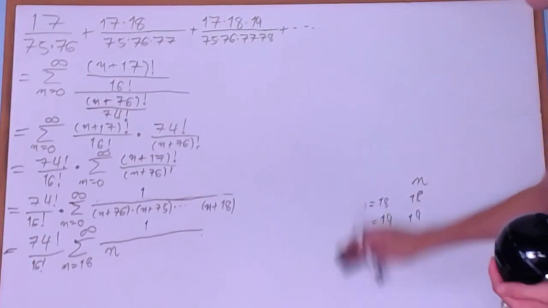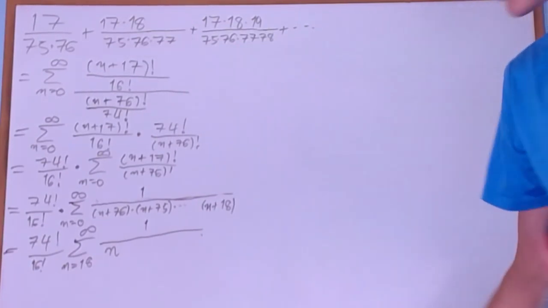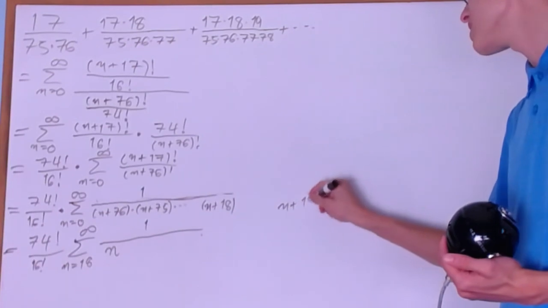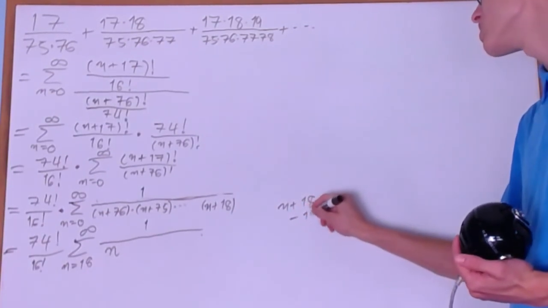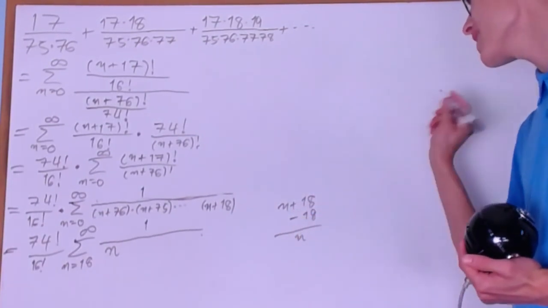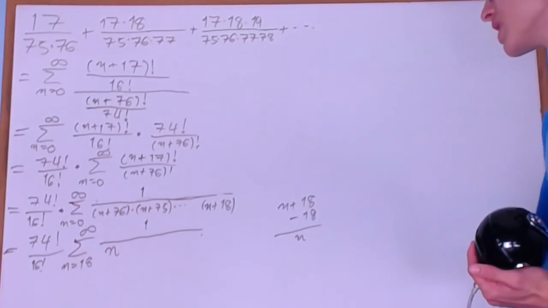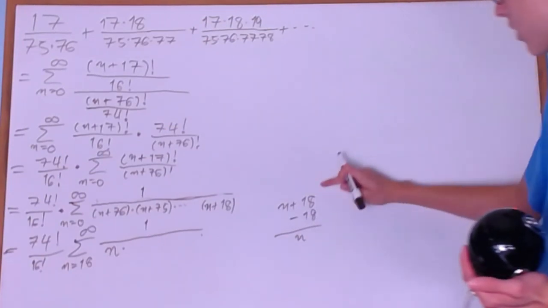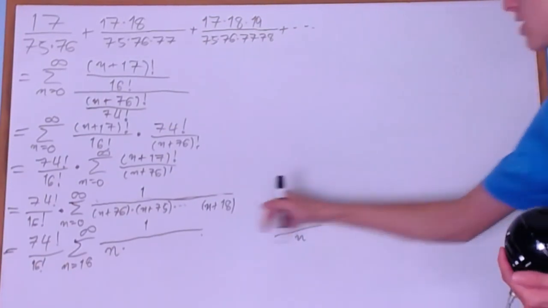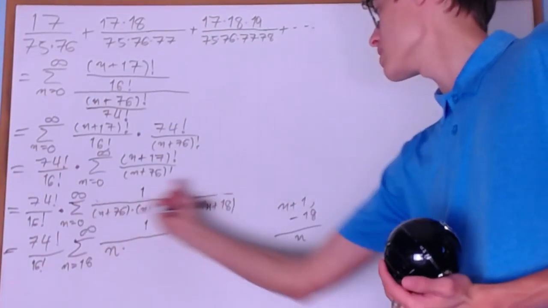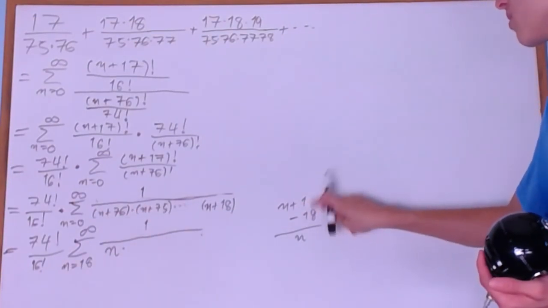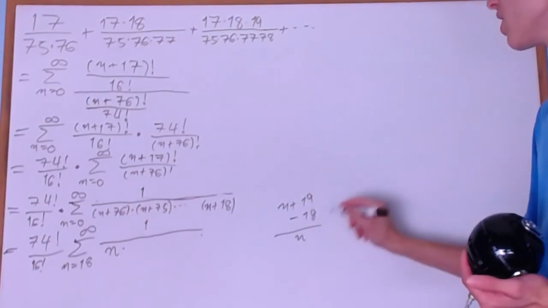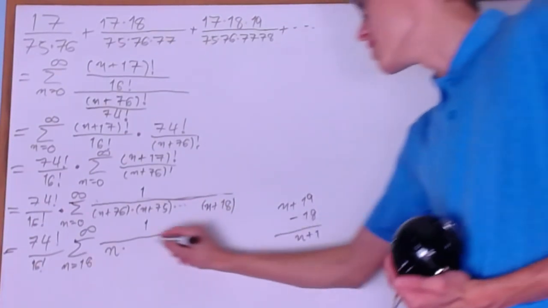Now everything shifts in a similar way. So we started with n plus 18. What I'm going to do is just subtract 18 from it, and that's how I got n from that. And so this is going to be n times, well, the next one in the sequence going backwards in the multiplication would be n plus 19, which is going to get n plus 1 next.